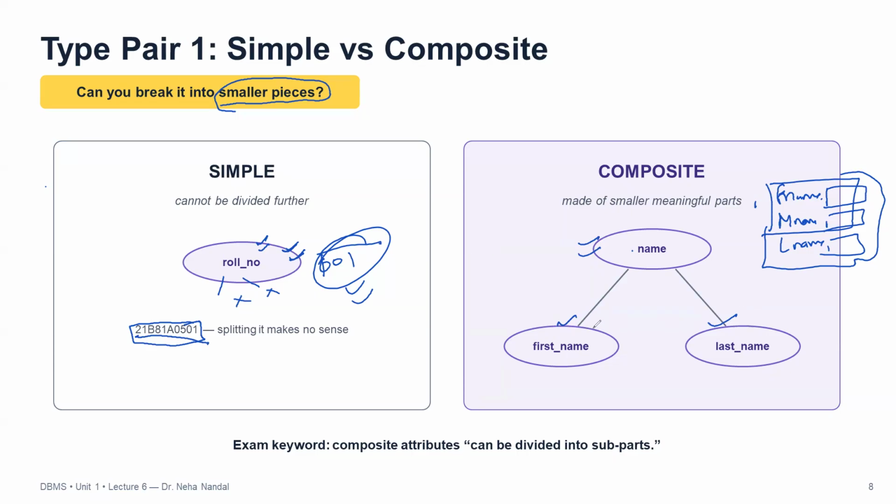So these types of attributes, like name, are called composite attributes, which are made of some smaller meaningful parts. So you have to think which attributes can be divided further into smaller attributes. That will give you composite attributes. Now, can you think of some other examples which are composite attributes? Think of it.